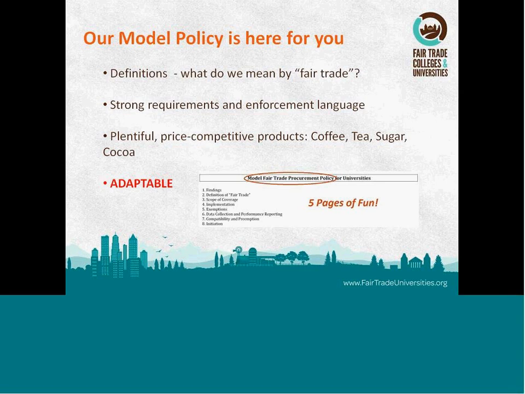It lays out the very strong requirements and enforcement language in a way that can be understood by your institution. There are certain phrases, certain ways that typically need to be put so it can be put into practice. And this policy focuses on 4 major commodities: coffee, tea, sugar, and cocoa.